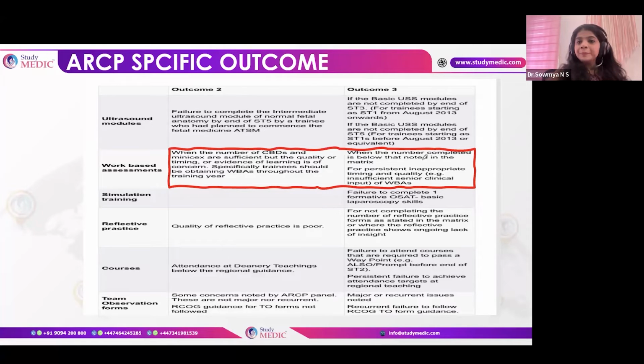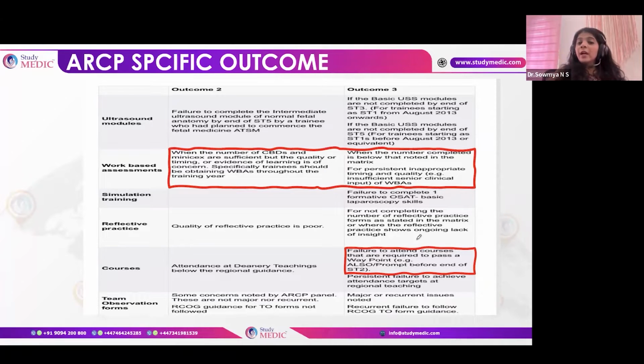But when the number completed is below that noted in the matrix, with persistent inappropriate timing and quality, when it is repeated, you get outcome 3. Again, the next thing is also about the courses, because you are supposed to attend specific courses like the BPS, basic practical skills course, and PROMPT course.